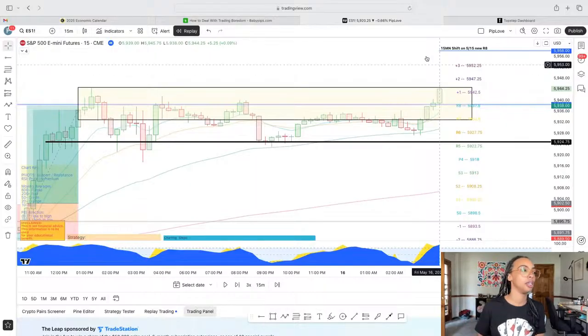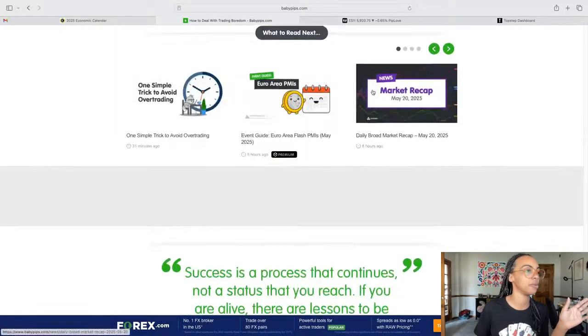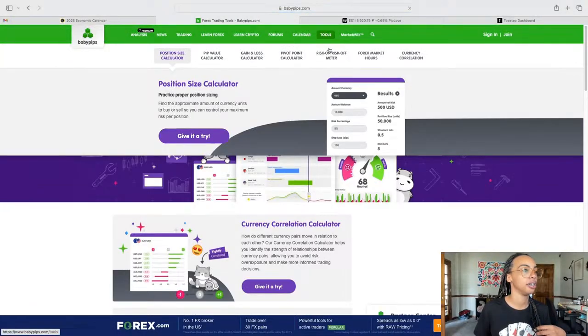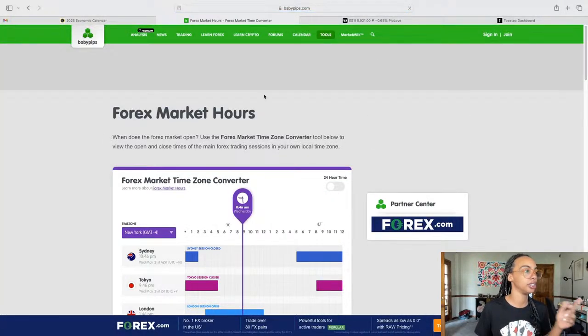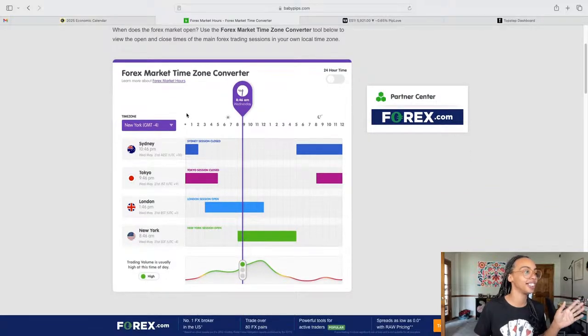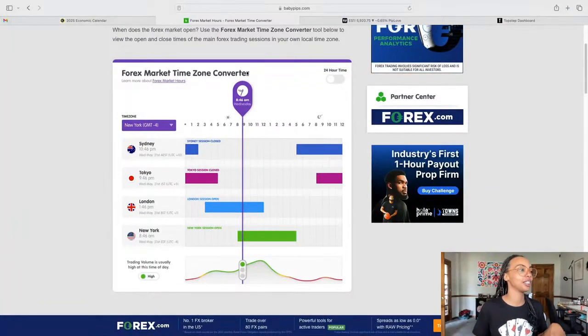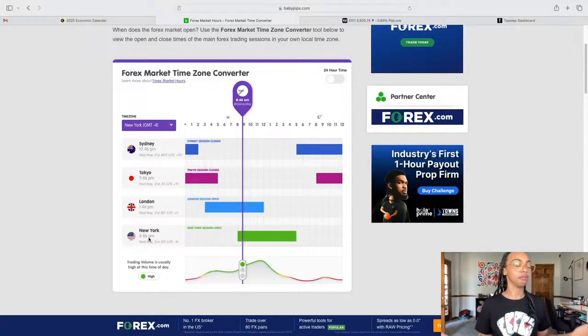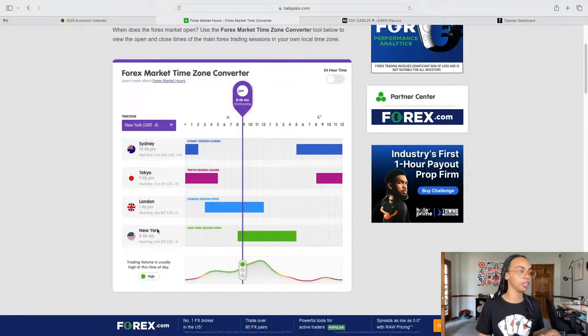or I don't know. Babypips, though, sorry, side note, if you guys are ever off with the market hours, this is such a good tool. The Forex market time converter. We know that the pre-market open for New York is a little bit different, so we have different times depending on whether you count the New York session opening at 9:30 or 8, whatever.